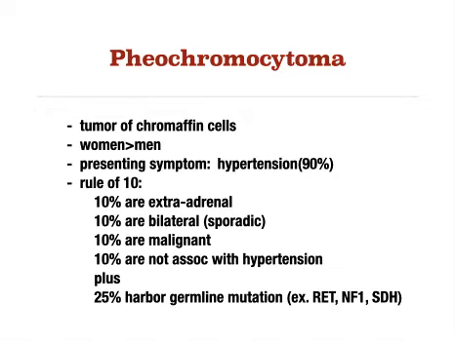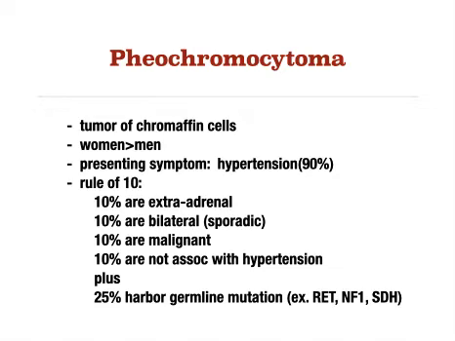Examples would be in the carotid body or in the extra-adrenal paraganglia. Okay? And we designate that as paraganglioma. Okay? Another rule of 10 is that 10% of them are bilateral, and we encounter them usually in sporadic tumors. Okay? So bilateral meaning both adrenal glands are involved.